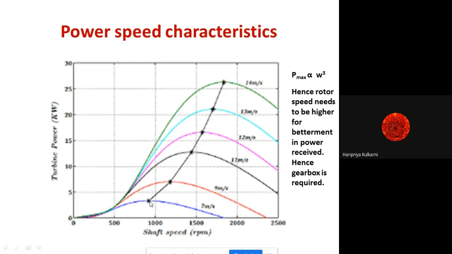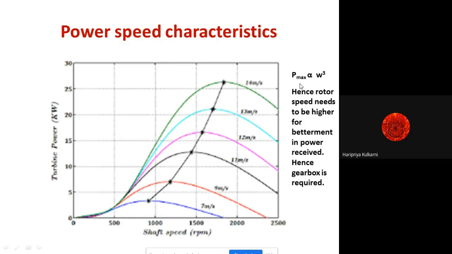This is possible by maintaining the speed. So irrespective of the wind speed, with the help of gearing ratio adjustment, we can get some constant speed. So this black line indicates the operating point where we should operate the generator with the corresponding value of speed with the application of a gear ratio.